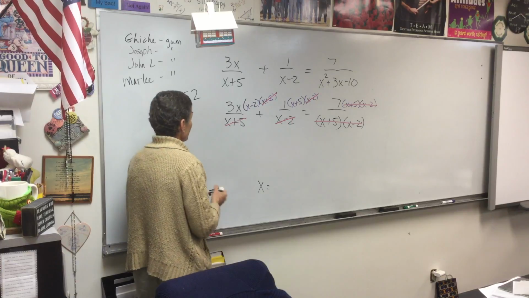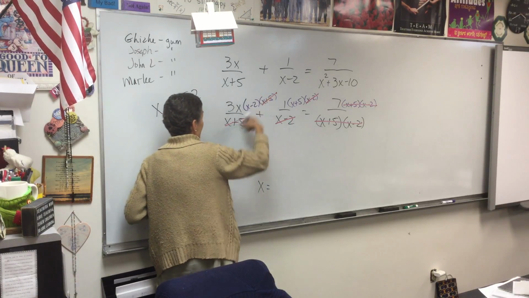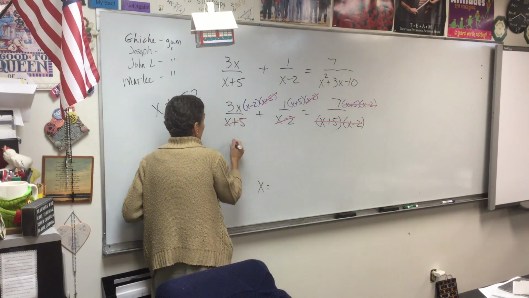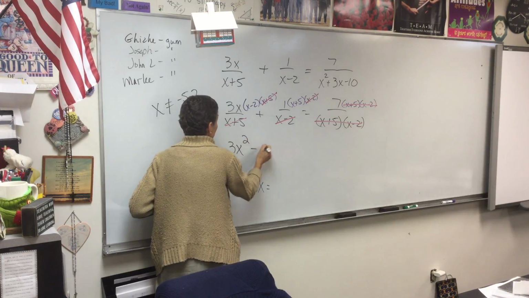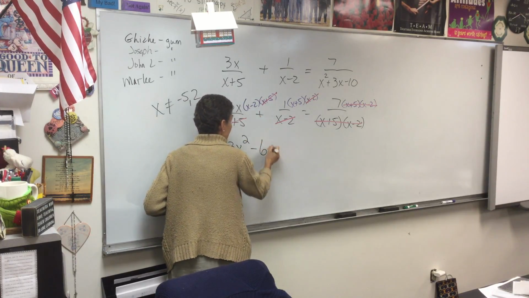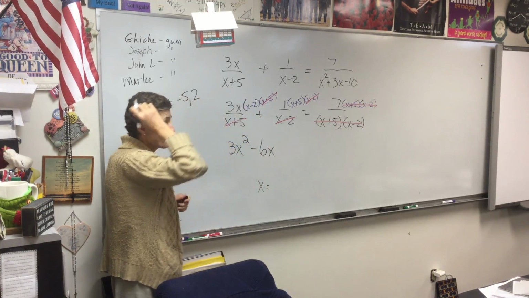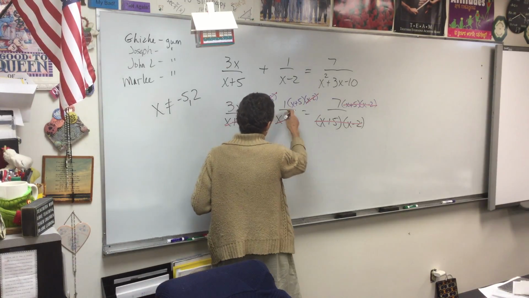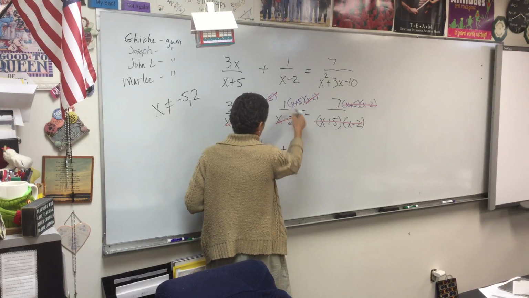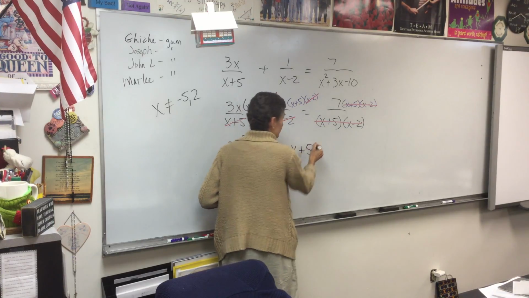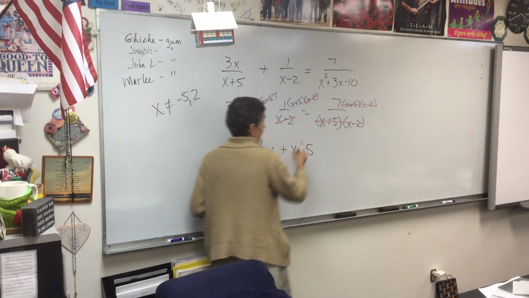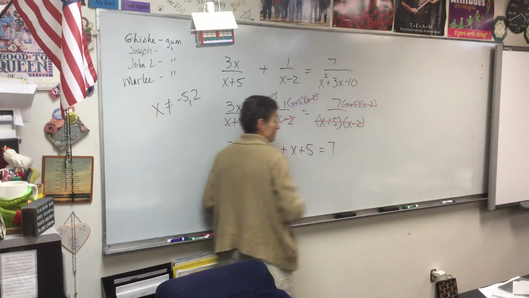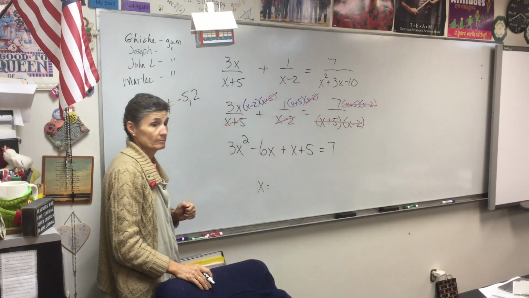And leaving us then with what? What's left here? If you get rid of that stuff, you have what? 3x squared minus 6x. I'm doing my distributive, right? And then here, plus x plus 5. And over here, all you have left is 7.